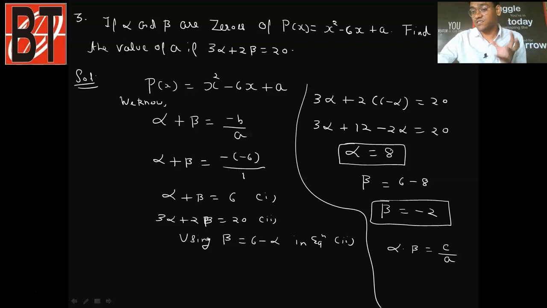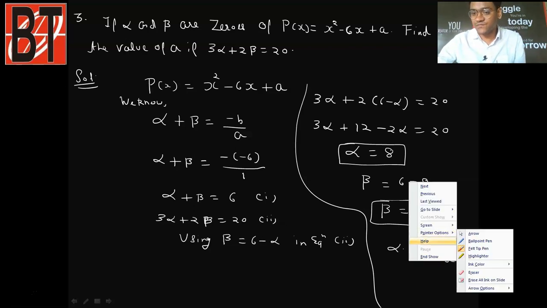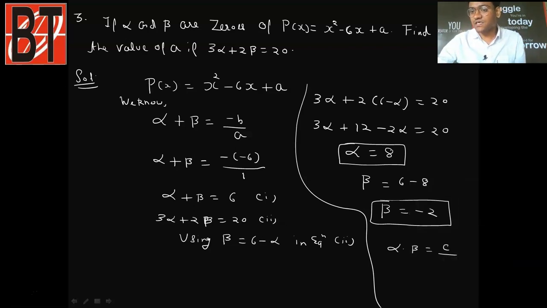Okay students, let me tell you here that c is the constant term and a is the coefficient of x square. Better to write directly, because here a was given as the constant, so there must not be any confusion. You should not think that this a is that a, no, this a is the coefficient of x square. Okay, so let me write it this way.